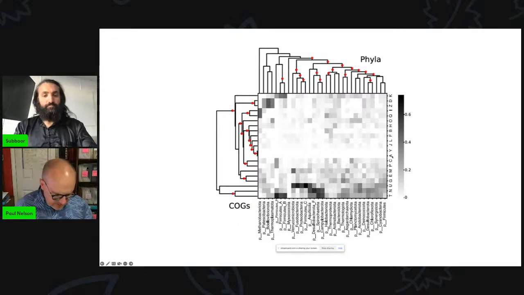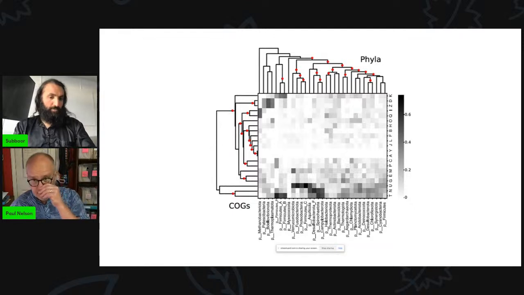These involve nuclear proteins involved in the nucleus, and bacteria and archaea don't have nuclei. So that's why this section of the figure is empty.